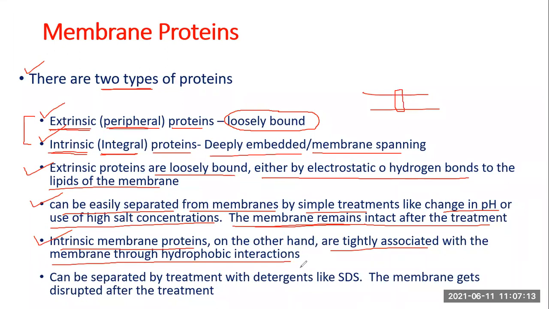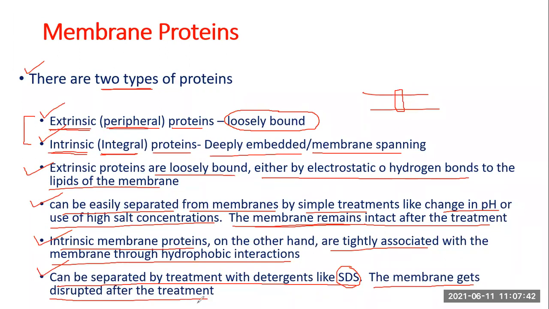And they cannot be easily separated. They can be separated by treatment with detergents like sodium dodecyl sulfate. So you have to make use of harsher treatments. You have to use detergents like sodium dodecyl sulfate, SDS, or Tween, or any other biological detergent. And when they get separated from the lipids, the membrane gets disrupted after the treatment.